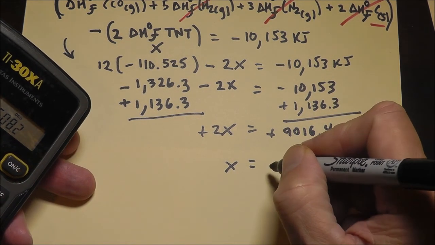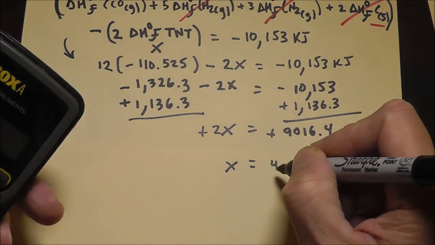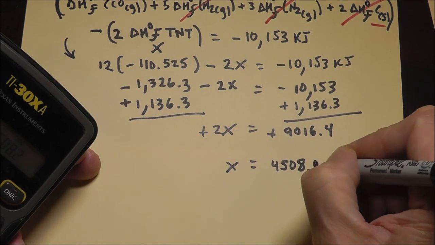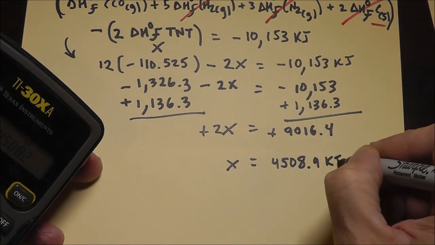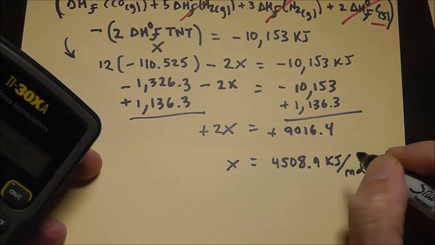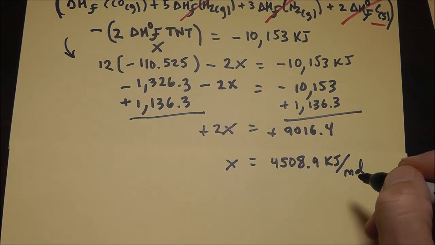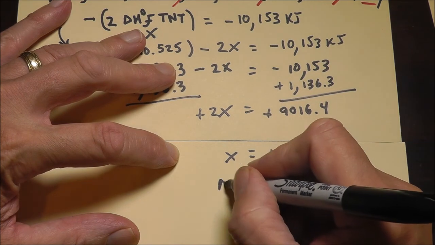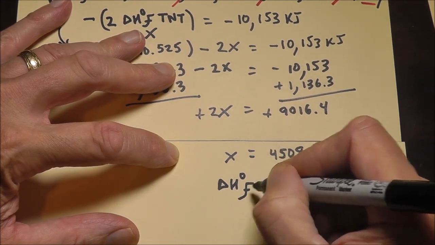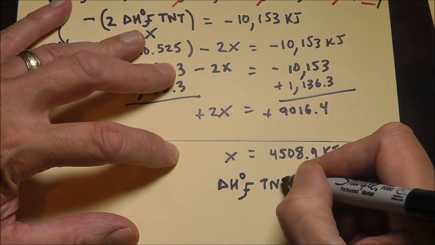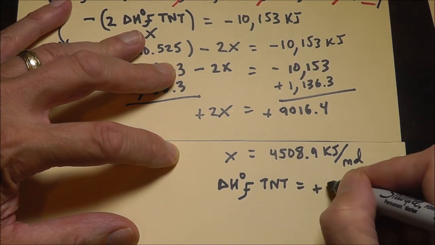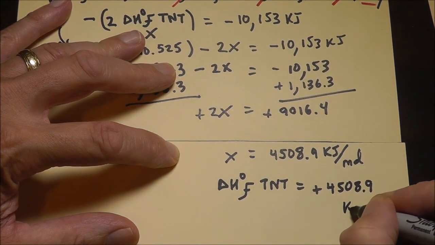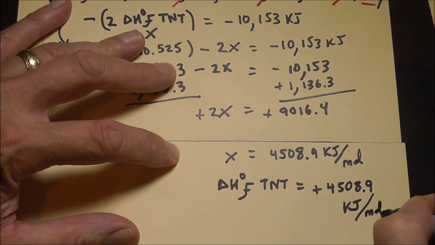Delta H, or X, is 4,508.2 kilojoules per mole. We always got to remember what X is, right? This is not math class. This is where X represented something. The delta HF of TNT is positive 4,508.9 kilojoules per mole.